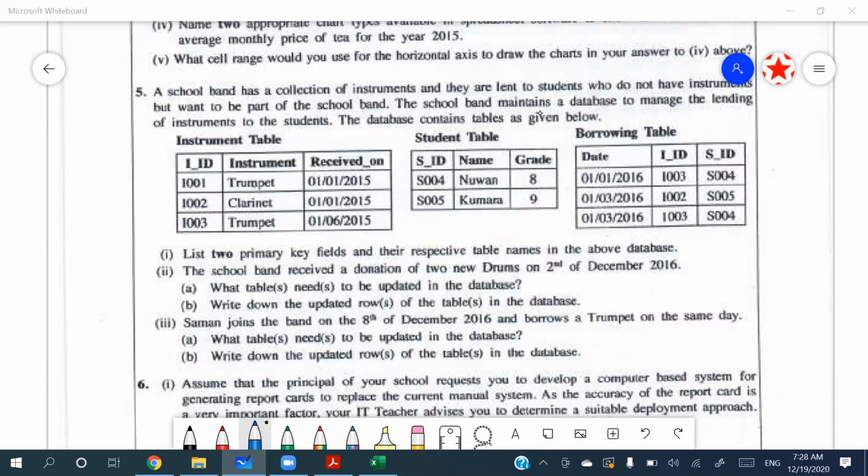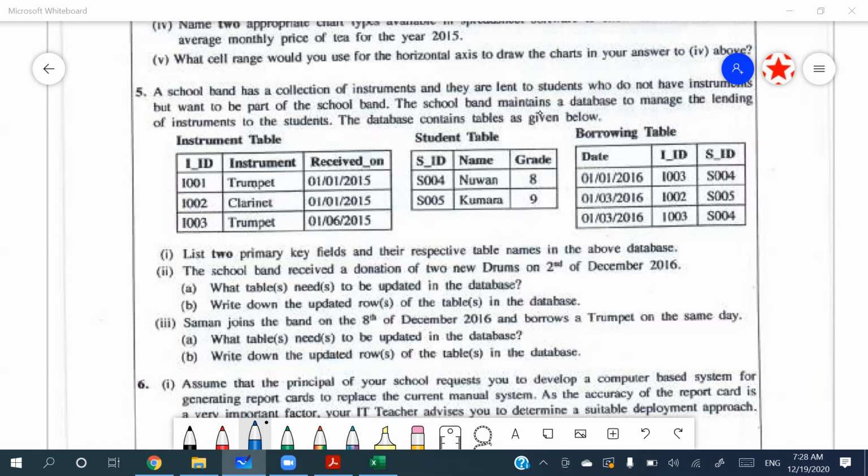So the first question, as usual, they are asking to list 2 primary key fields and their respective table names in the above database. So IID can be taken for the instrument table because it is having unique values, and it has all the characteristics which can be seen as a good primary key.